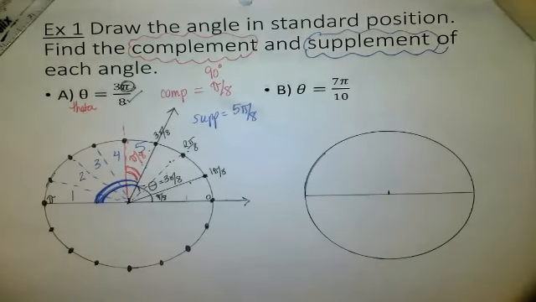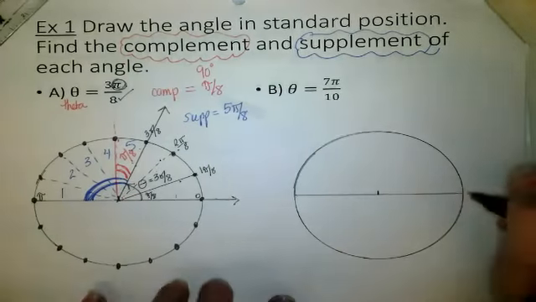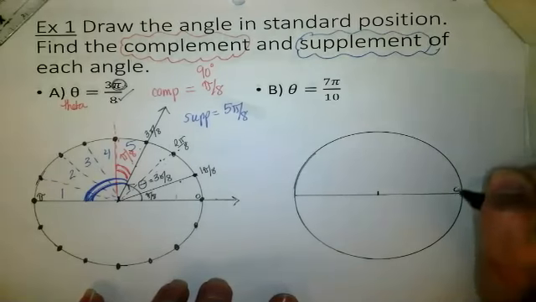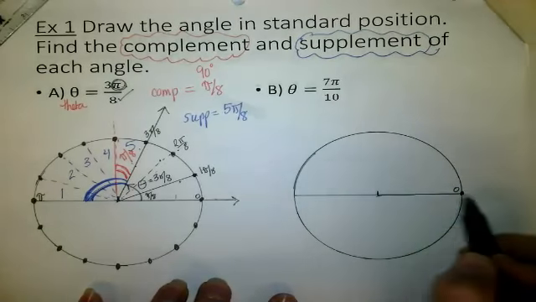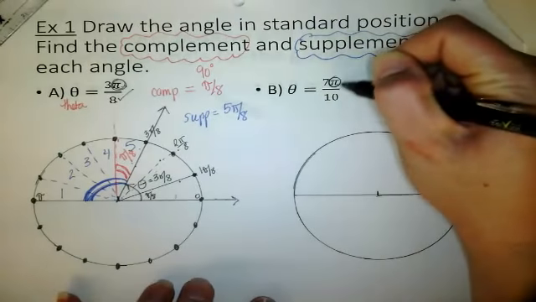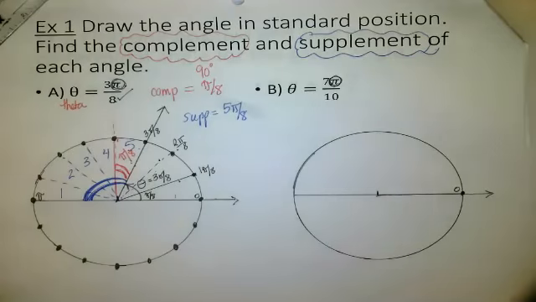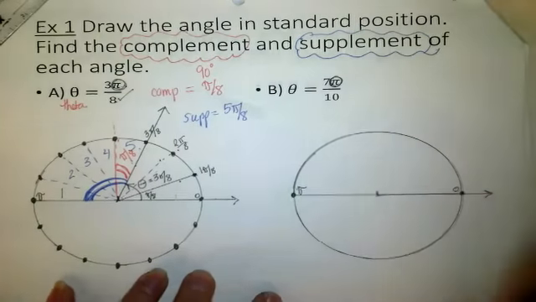No? Okay. So now I'm going to look at letter B here. My initial side is on the positive x-axis. First, I need to look at where pi is. 180 degrees is pi radians.